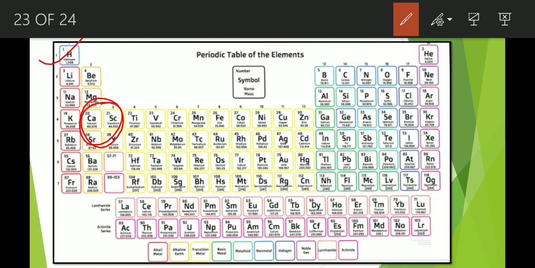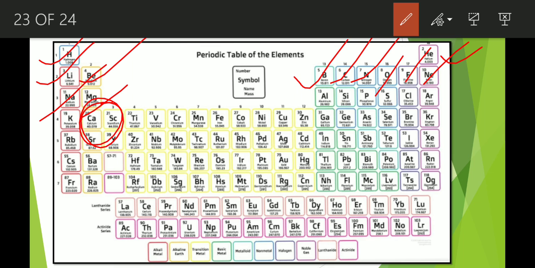There you have to draw the electronic configuration of these elements. So remember these elements chronologically, not like hydrogen, beryllium, lithium, sodium. Like hydrogen, then helium, then lithium, beryllium, boron, carbon, nitrogen, oxygen, fluorine, neon, sodium, magnesium, like this.